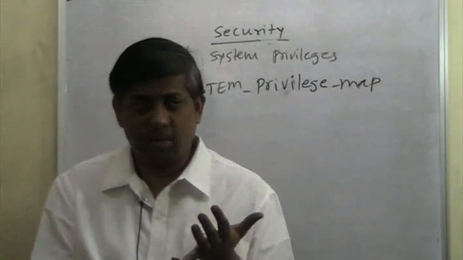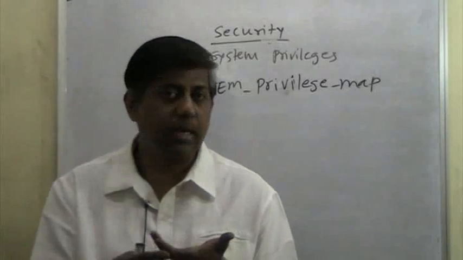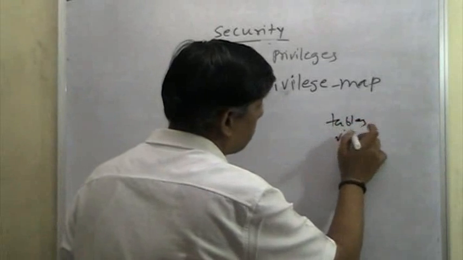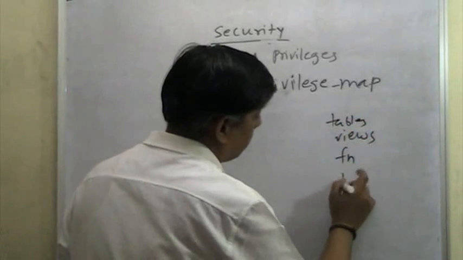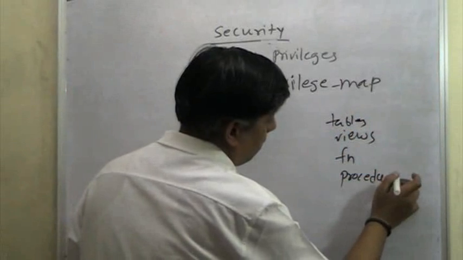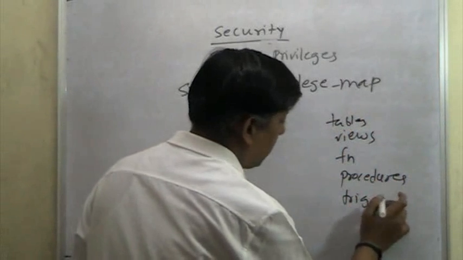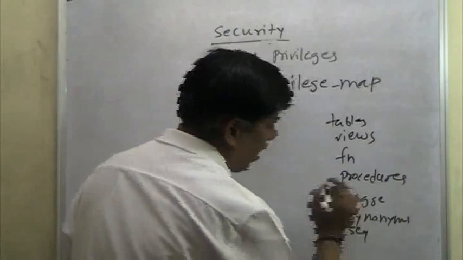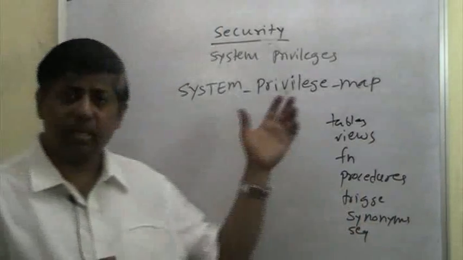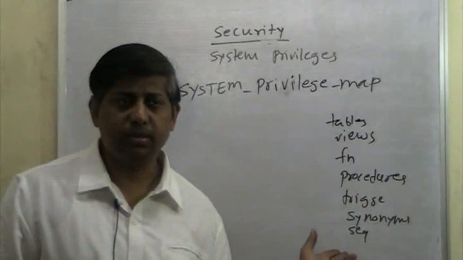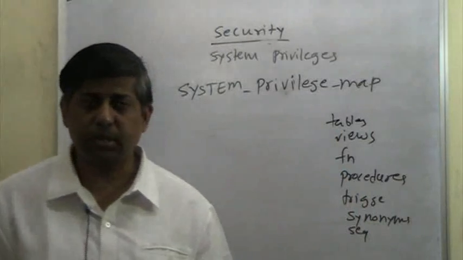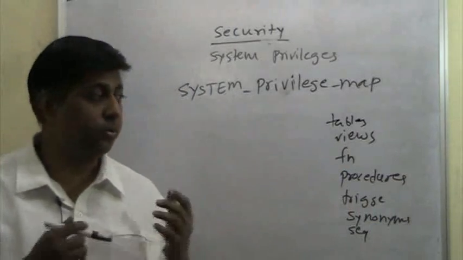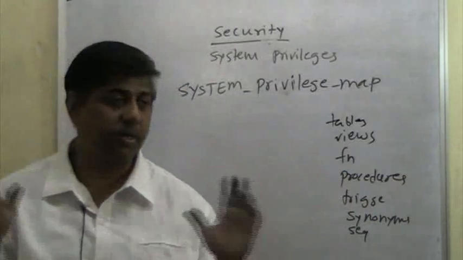They are going to create tables, procedures, functions, and let us say these things: tables, views, functions, procedures, triggers, and synonyms only, okay, and sequences. So these are the objects that a typical developer will create for his own programming purposes and all that stuff.